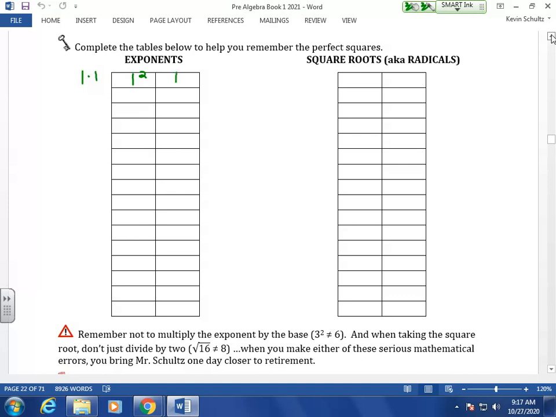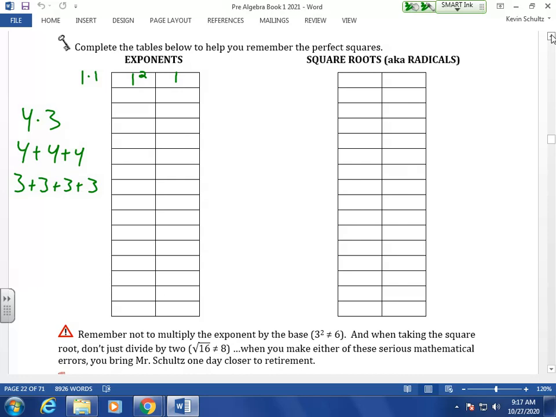An exponent is used to show repeated multiplying, right? Multiplication is repeated addition. You don't have to write this down, but 4 times 3 is either 4 plus 4 plus 4, just 3 4s added together, or 3 plus 3 plus 3 plus 3, 4 3s added together. Both of those equal 12.